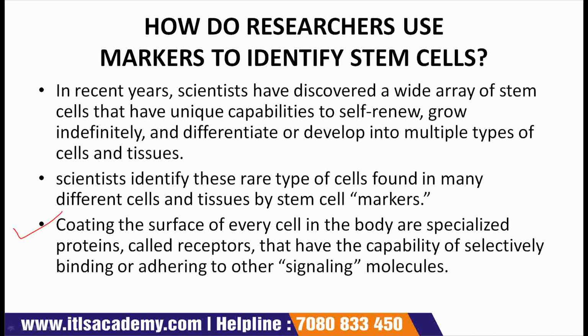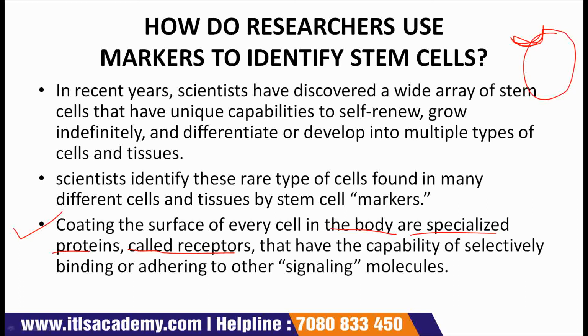Another point is, coating the surface of every cell in the body are specialized proteins, and these are called receptors. Receptors are present on the surface of the cell, and these are found on each and every cell.